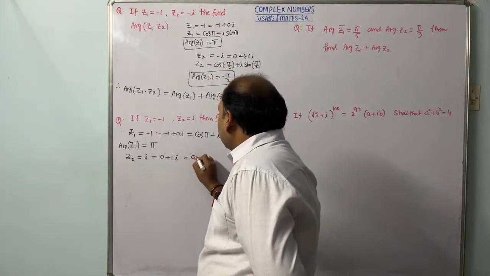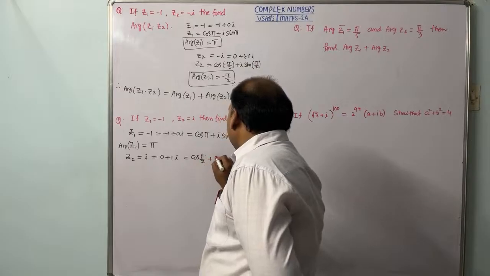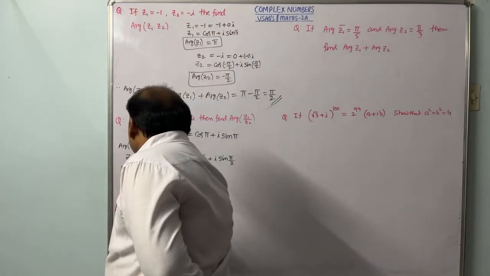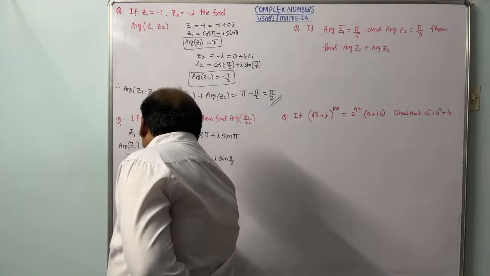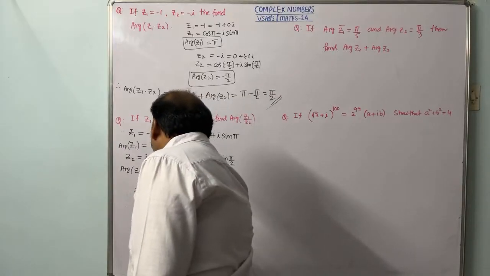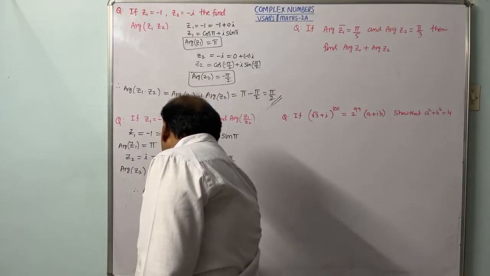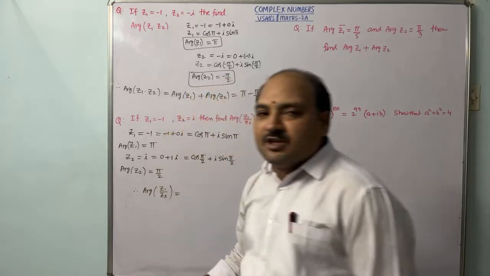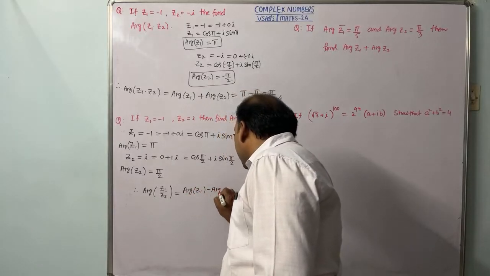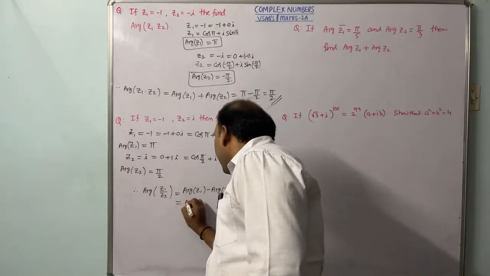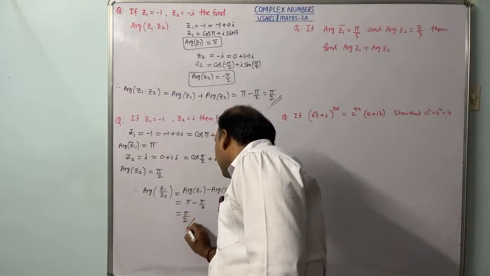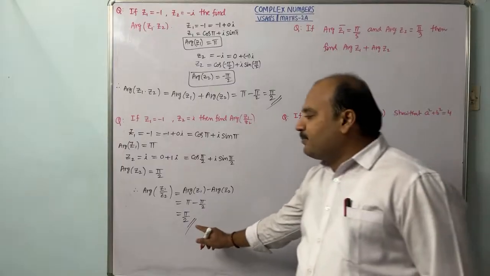So we can write it as cos pi by 2 plus i sin pi by 2. Okay, dear students. So therefore, argument of z2 is equal to pi by 2. I hope you understand. Now come to the question, argument of z1 by z2. We know the formula: argument of z1 by z2 is argument of z1 minus argument of z2. So argument of z1 is pi minus argument of z2, pi by 2. So it will become pi by 2. Argument of z1 by z2 is pi by 2.